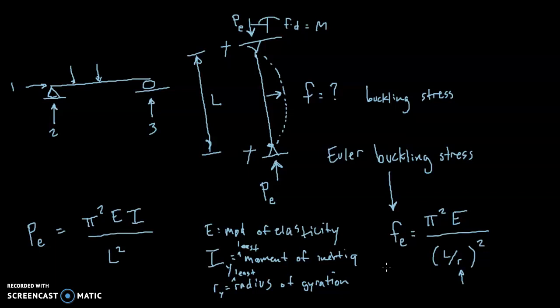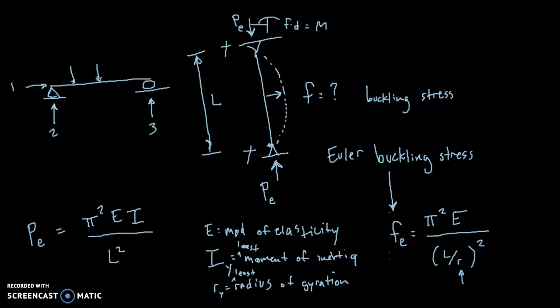For wide flanges, the y-axis is the weak one, so that's the axis it's going to buckle about. So this is Euler's equation, and he had it very nearly right.